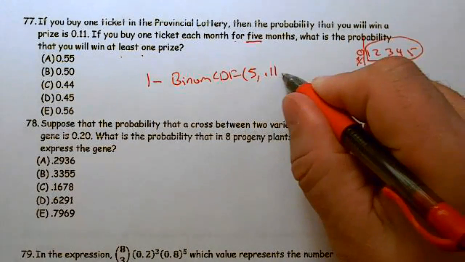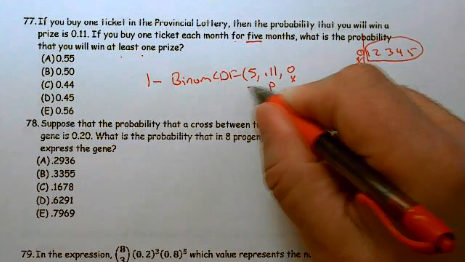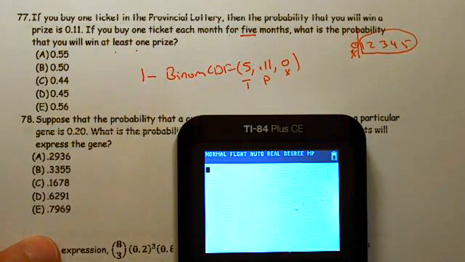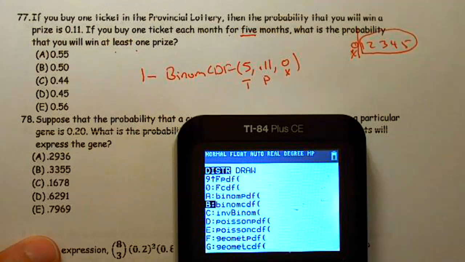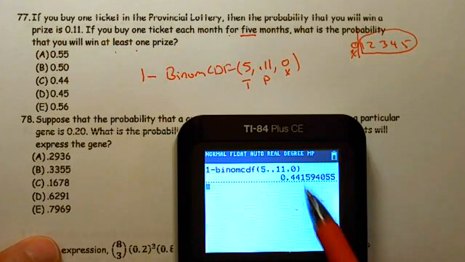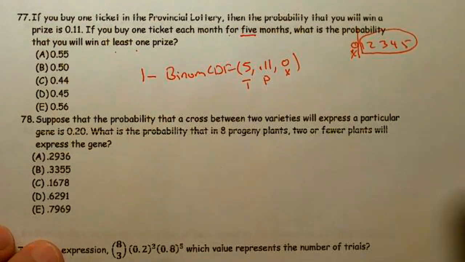My X value is 0. 1 minus second vars, binomial CDF, trials 5, probability 0.11, X value 0. And I end up getting 0.44. So there's a 44% chance that if I play it for 5 months, I'm going to win once. That's pretty good chances.